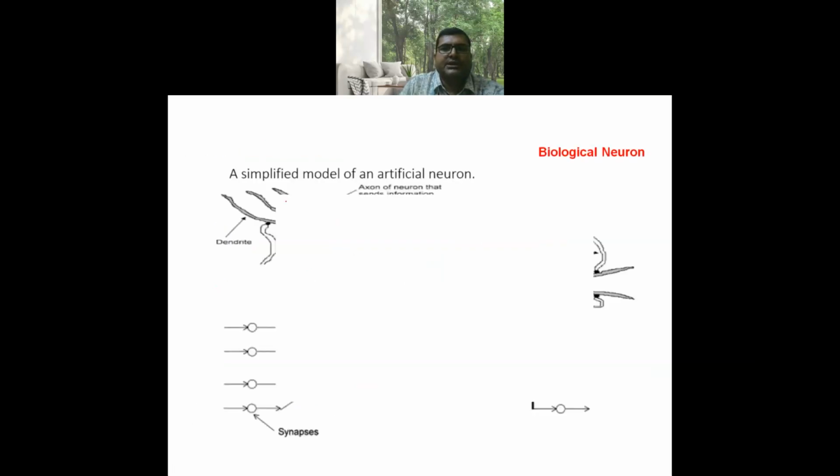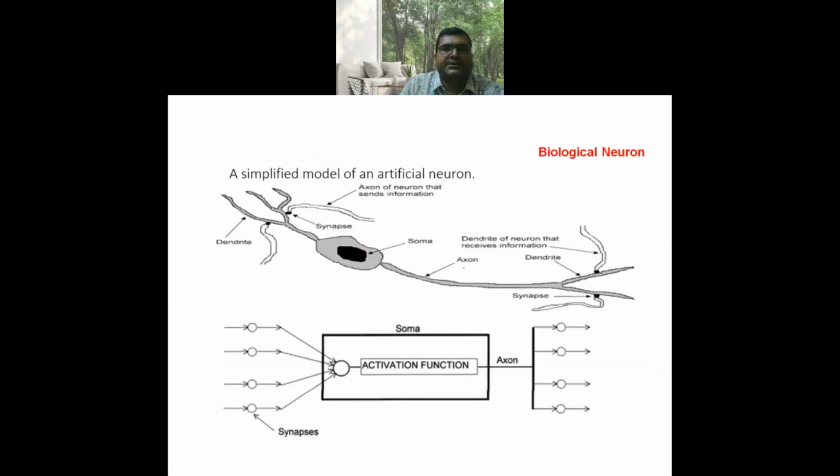Biological neuron. This is the structure of a biological neuron where it collects the information from other neurons through dendrites, and the same will be applied through the synaptic weight to the cell body. Here some summation will be done and some activation function will be applied, and based on the threshold, the neuron fires.